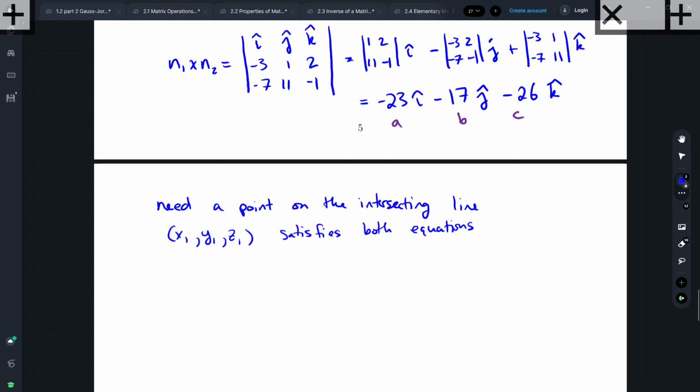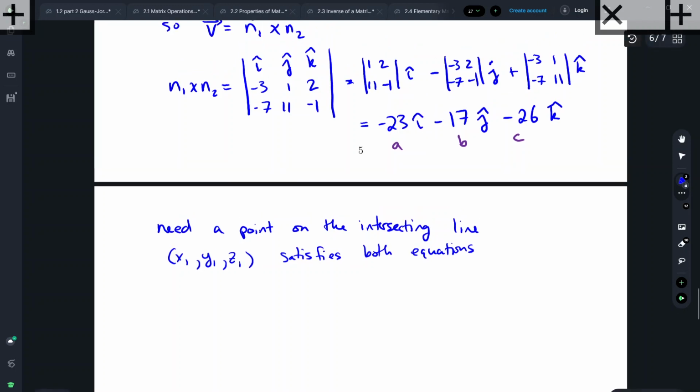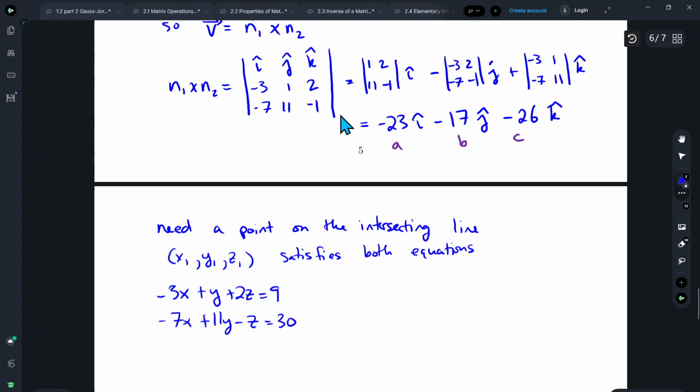So let me copy down the equations again, right? So it was -3x plus y plus 2z equals 9, and negative 7x plus 11y minus z equals 30. So we need to find x, y, and z coordinates that satisfy both of these equations.